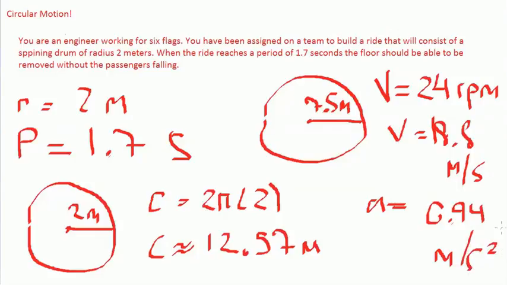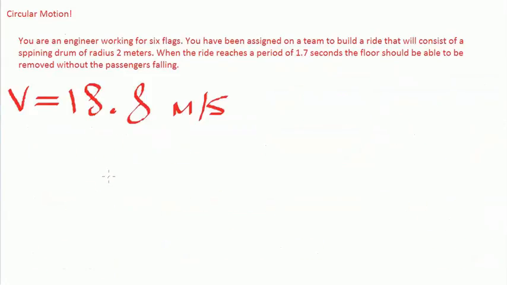So now that we know this, we talked about before that inverse proportionality between the acceleration and the radius. Now that we know our velocity for the bigger one, it's 18.8 meters per second. We're going to figure out what velocity we need for the smaller one, our Gravitron 2, I guess we're going to call it, to keep the people pressed against the wall.